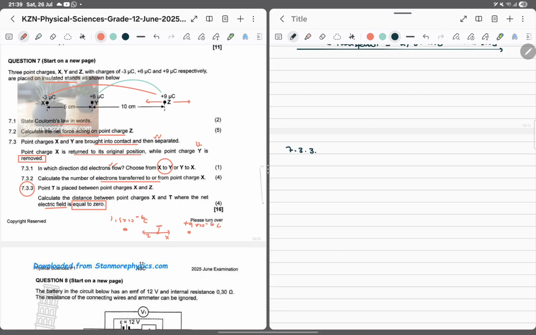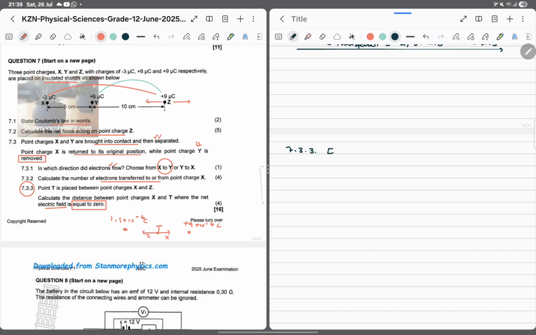So we want to know what is the distance between X and Y. Okay, it's not a big deal. We know that the electric field, what do we use for electric field again?